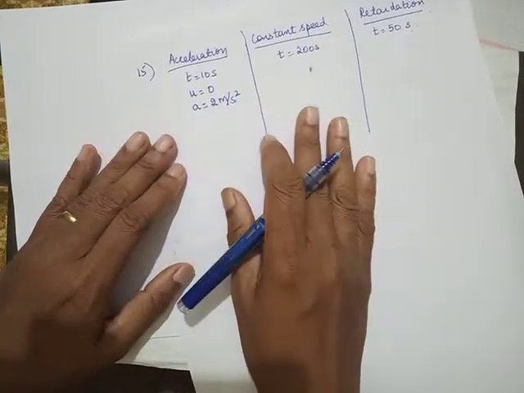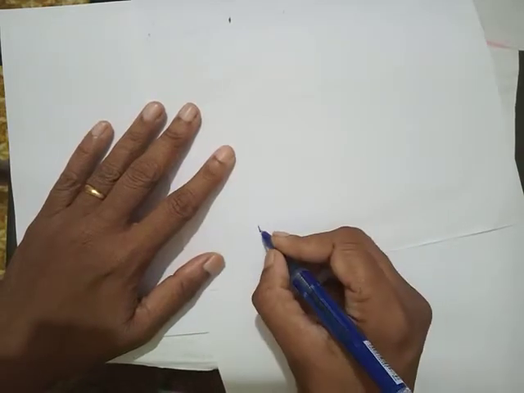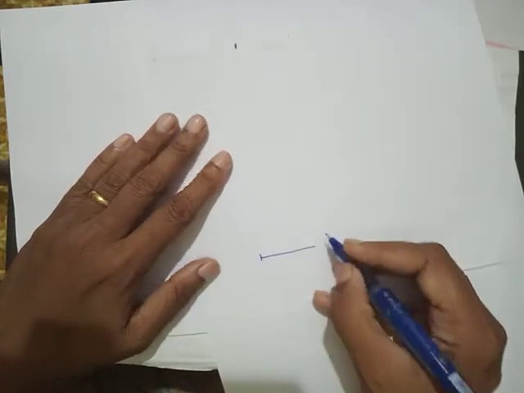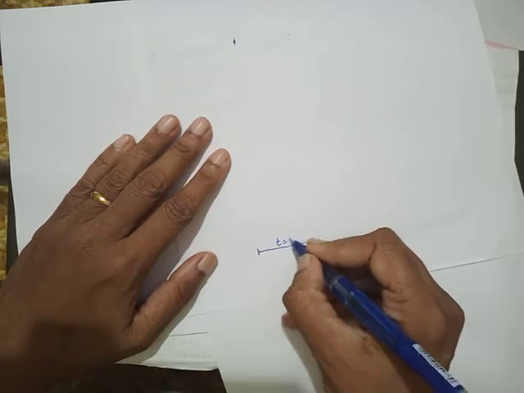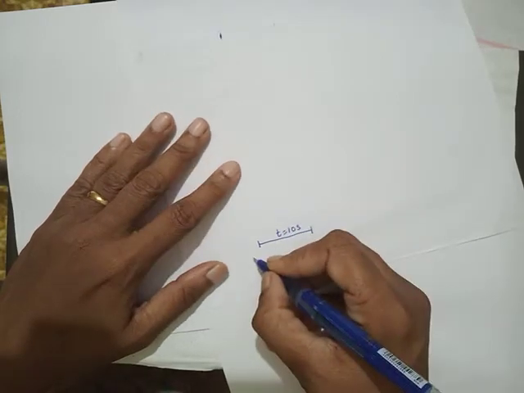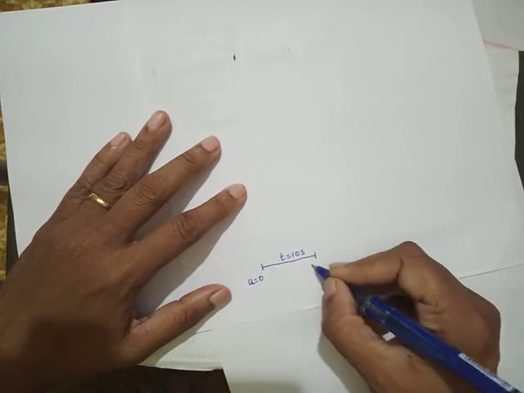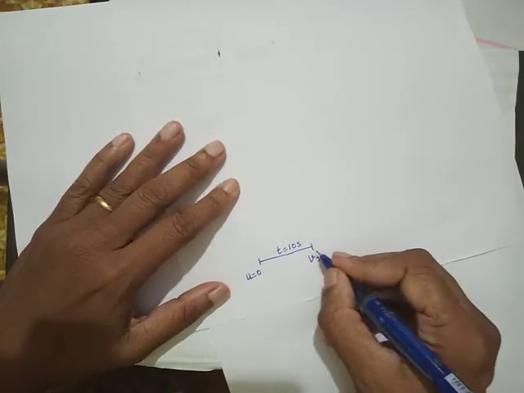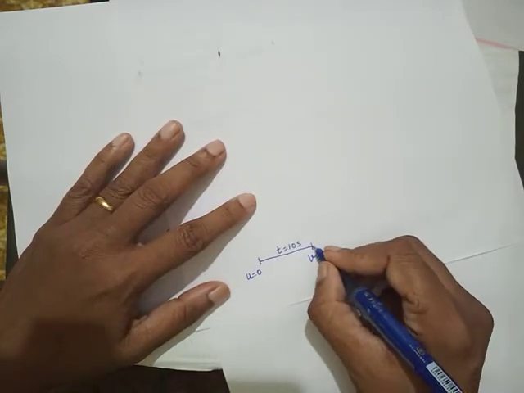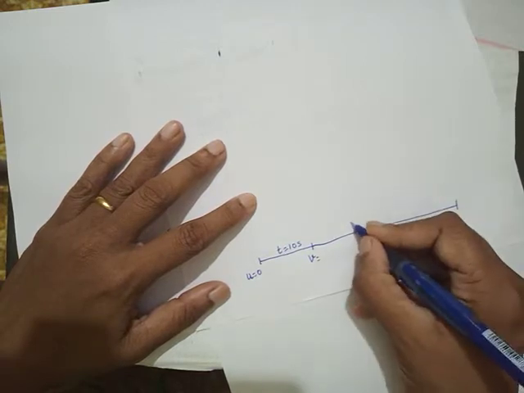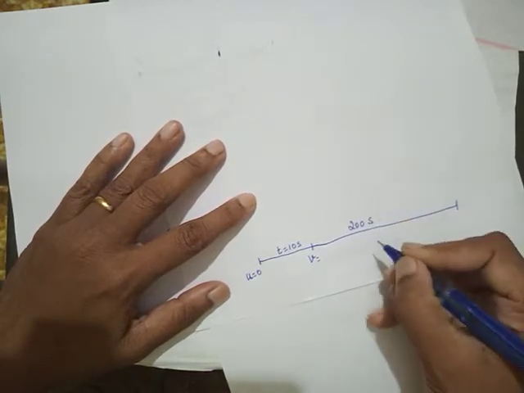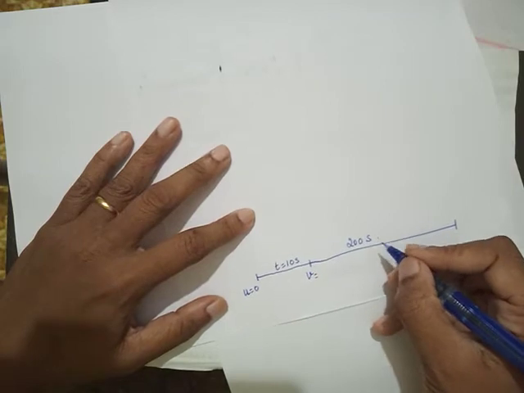Now see if we draw the timeline, so the first 10 seconds, it underwent acceleration. It started with 0 meter per second and then reached a final velocity which we don't know, we'll calculate. Then the next 200 seconds, it traveled with a constant velocity.